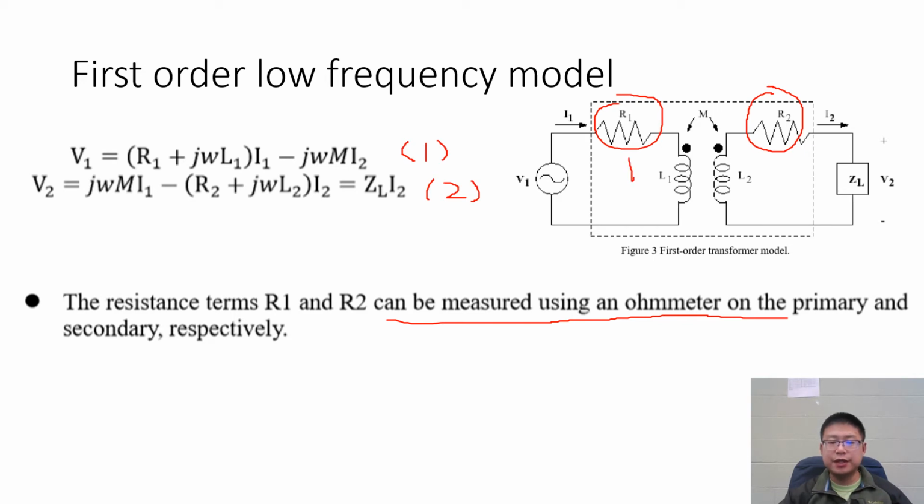So we already know the values for R1 and R2. For the other values L1, L2, and M, we need to carry out 2 open circuit tests to obtain L1, M, and L2.